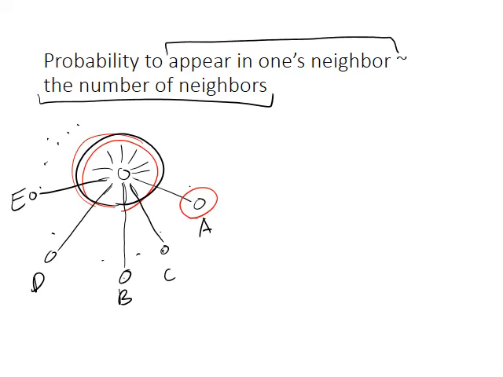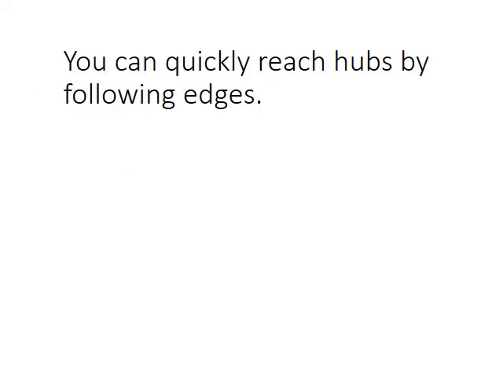So when you pick a random person from the network, this person should be just a normal person. But if you just follow one link, then you are more likely to get to the people who have many friends. In other words, if you simply follow an edge, then you are very likely to reach hubs. Hubs means people with many friends.